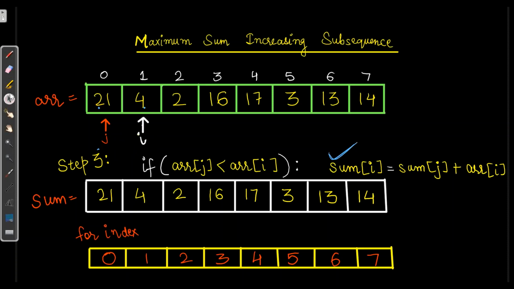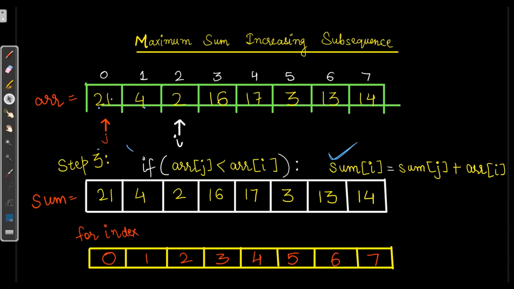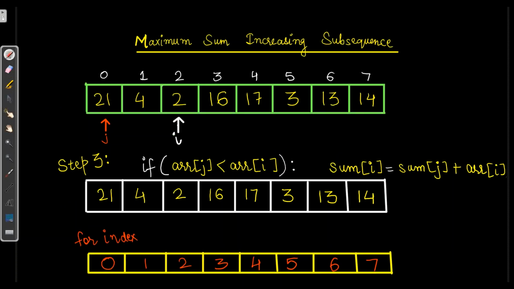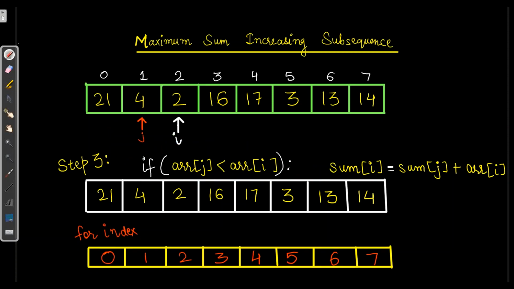No. If 4 is not greater than 21, I will take i to the second index and compare this value with 21 like this. Is 2 greater than 21? As we are asking here, is the value at i, 2, greater than 21? No. So we will ignore it.